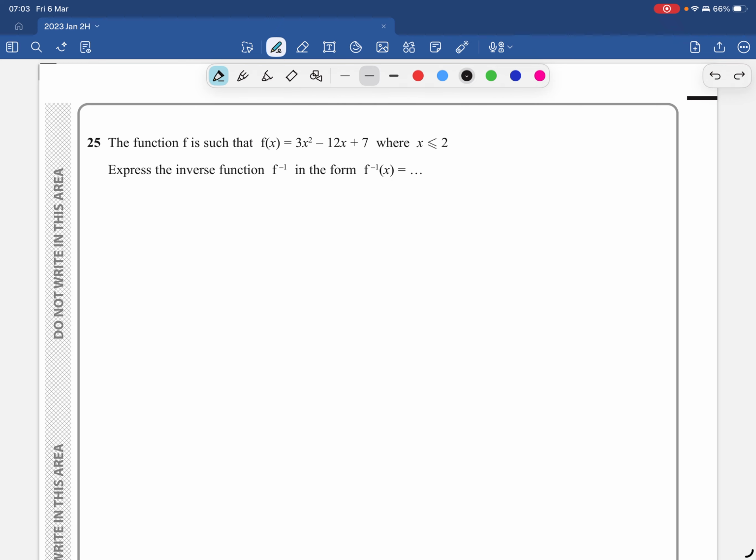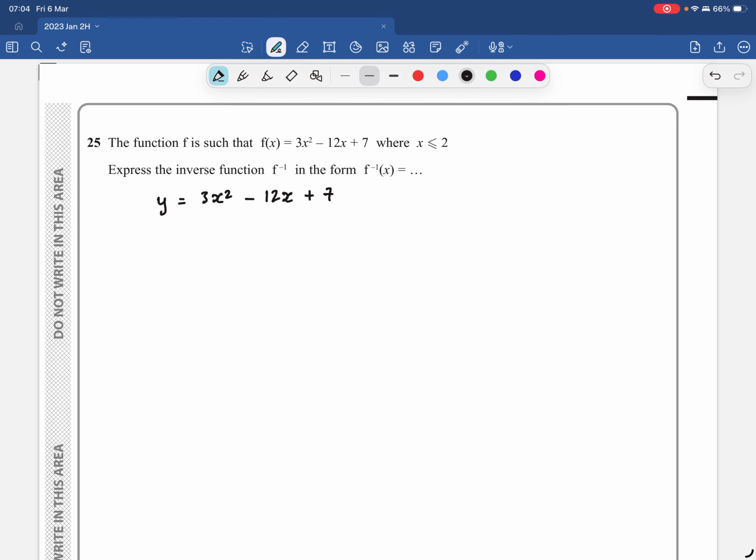So I'm not going to bother with the quadratic formula method. So I'll start off with y equals 3x squared minus 12x plus 7. I'm not finding roots here, so I'm not doing any equals 0 or anything like that. All I'm doing is writing the same quadratic in a different form.